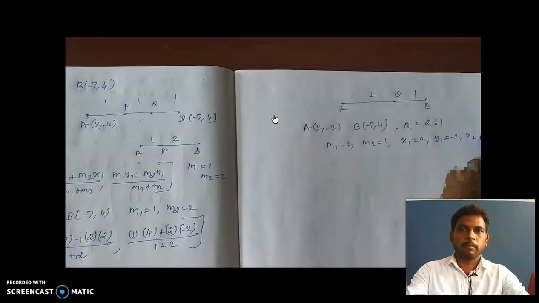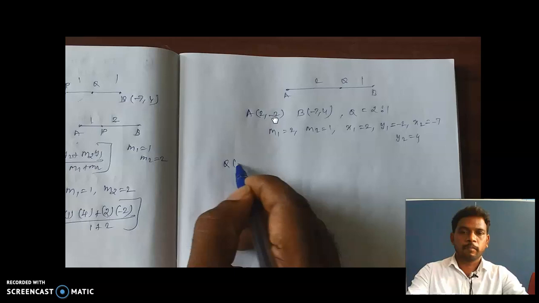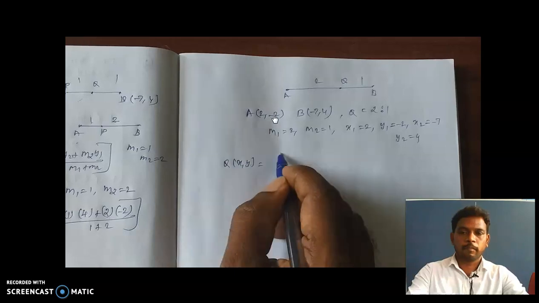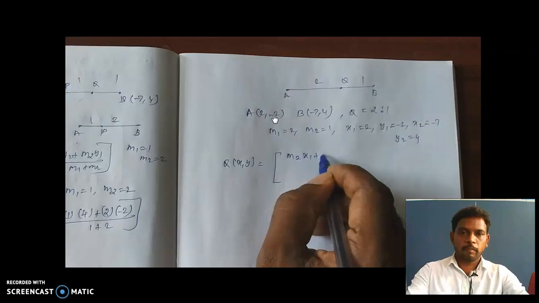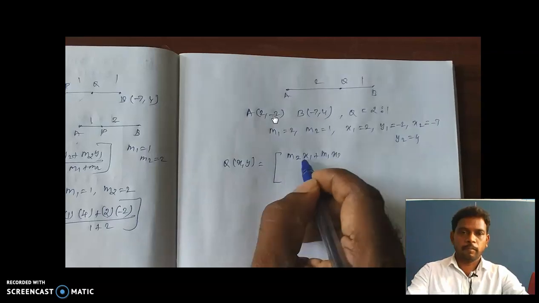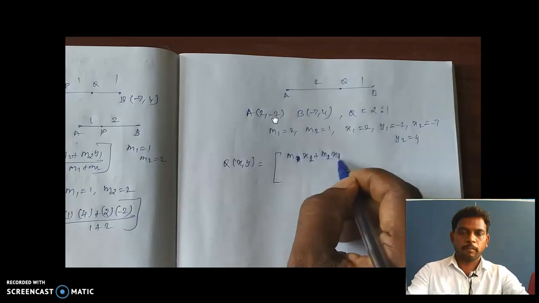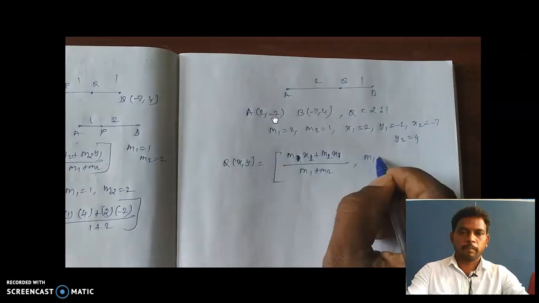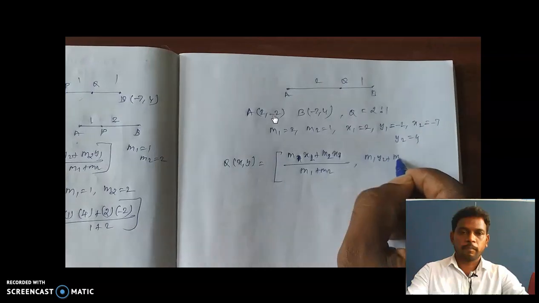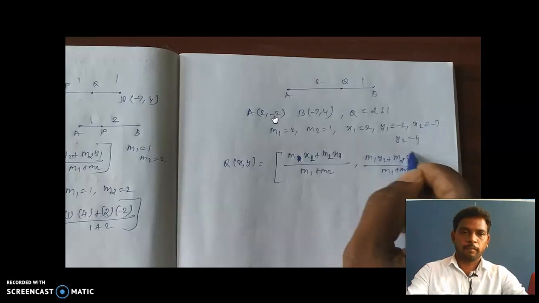Now substitute in the section formula. So Q of x comma y equal to, the formula is M1 x2 plus M2 x1 divided by M1 plus M2, comma, M1 y2 plus M2 y1 divided by M1 plus M2. Now substitute here.